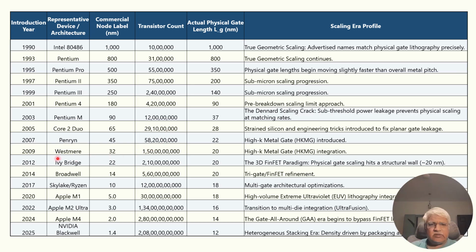Around 2008 or 2010, at around 20 nanometer or so, there came a situation wherein even though the gate of a MOSFET is closed, short channel effects started popping up.